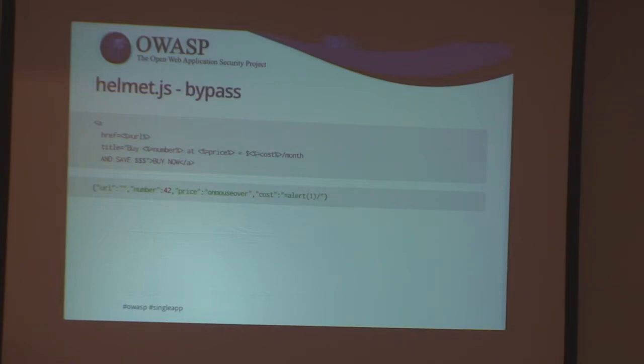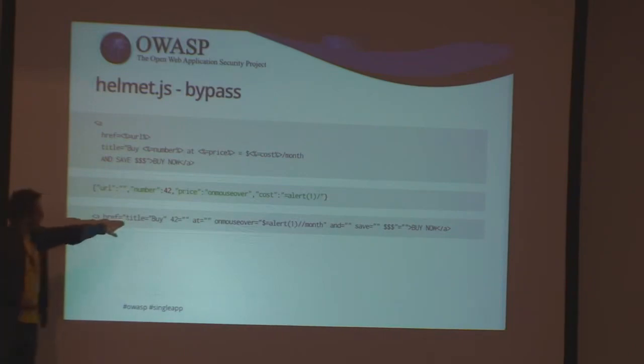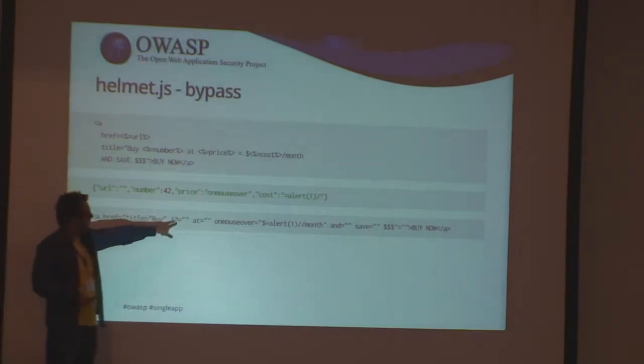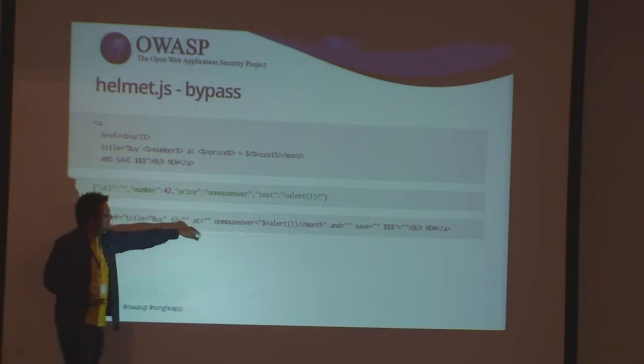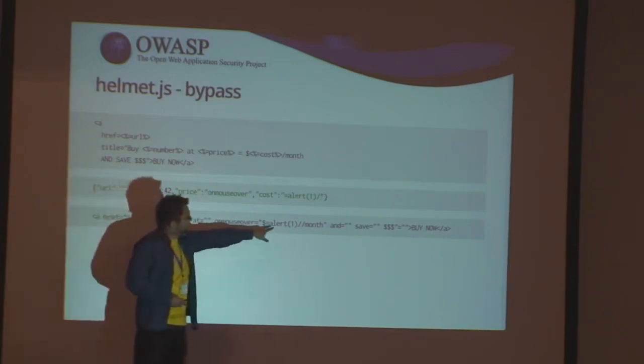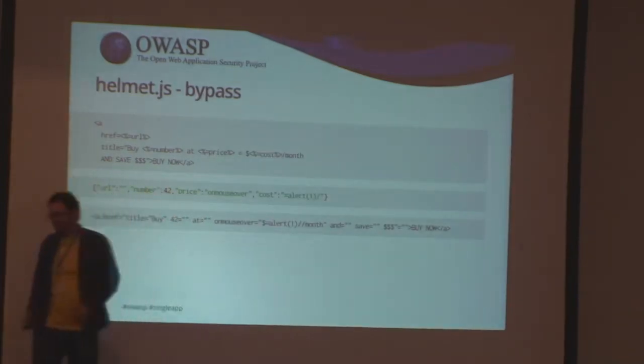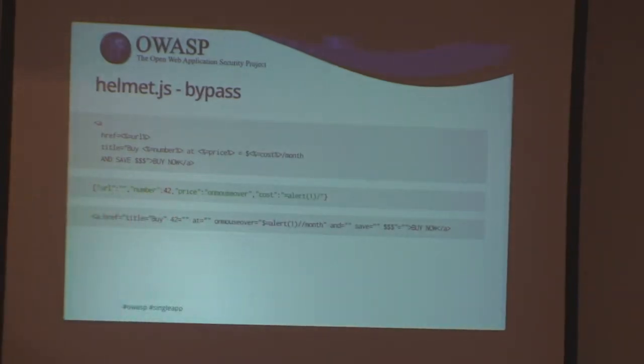And what happens is really strange, because the href doesn't have a value, it pulls together the next attribute, which is title, as the value. So it actually takes this attribute and this attribute and merges them into href equals title equals buy. And then 42 becomes an attribute on its own, at becomes an attribute, and on mouse over, and then dollar equals alert 1 slash slash commenting out month. So it's quite a clever attack. And this was because of quoteless attributes.